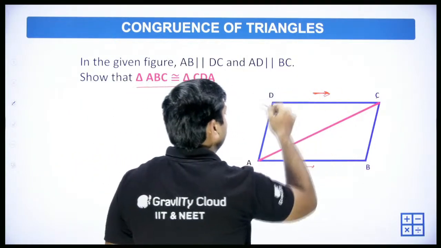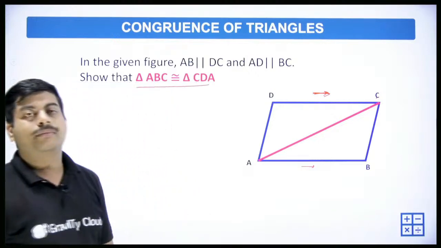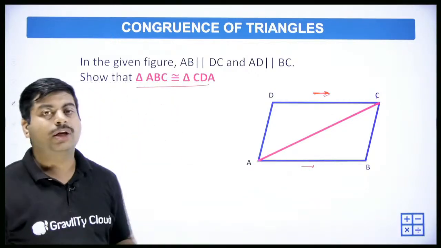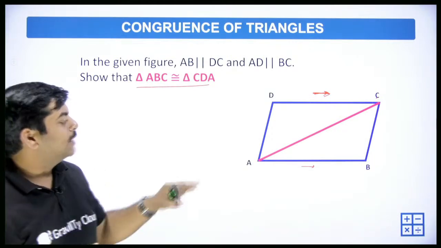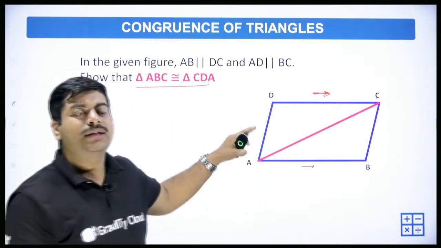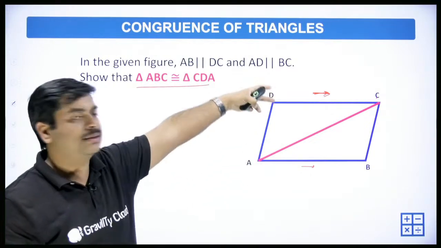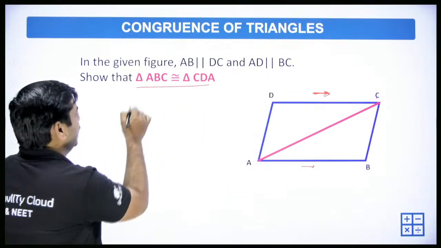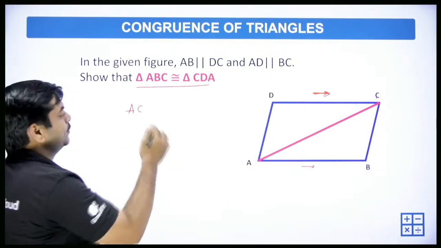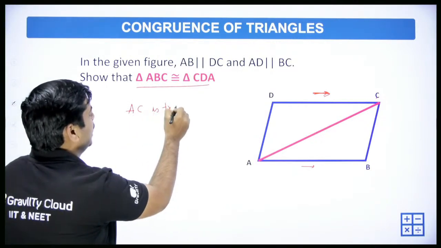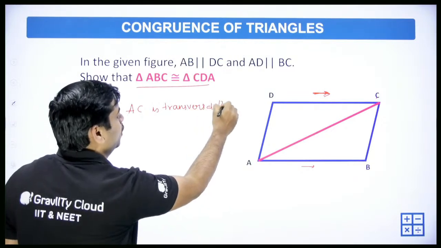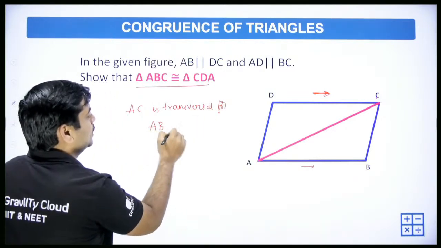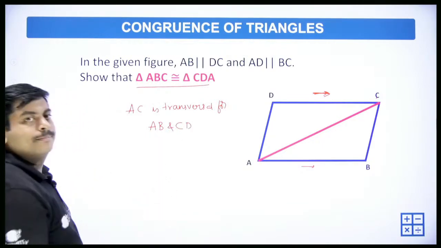So now we need to show that triangle ABC and triangle CDA are congruent. Now carefully observe. AC is a transversal for AB and CD, because these two are parallel lines.